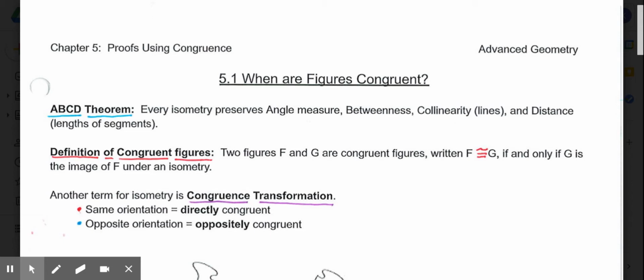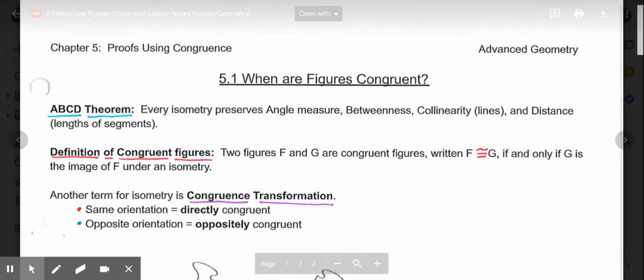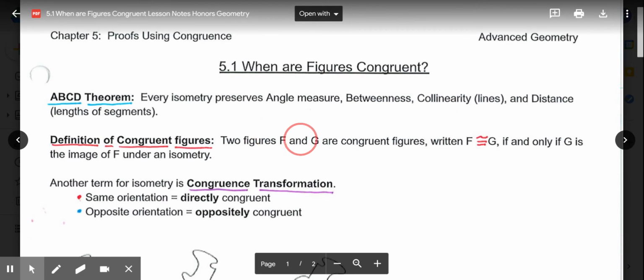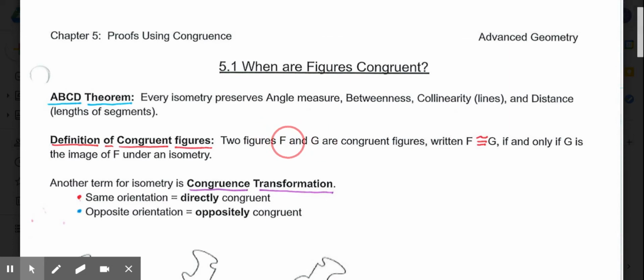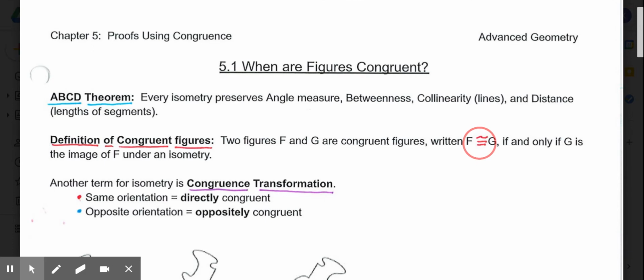What we need to remember about congruent figures is that they all have the same angle measure, betweenness, collinearity, and distance. Meaning all the angle measures are equal, all the side lengths are equal, and so on. If an image and a preimage, f and g, are the result of an isometry, then those two figures are congruent.